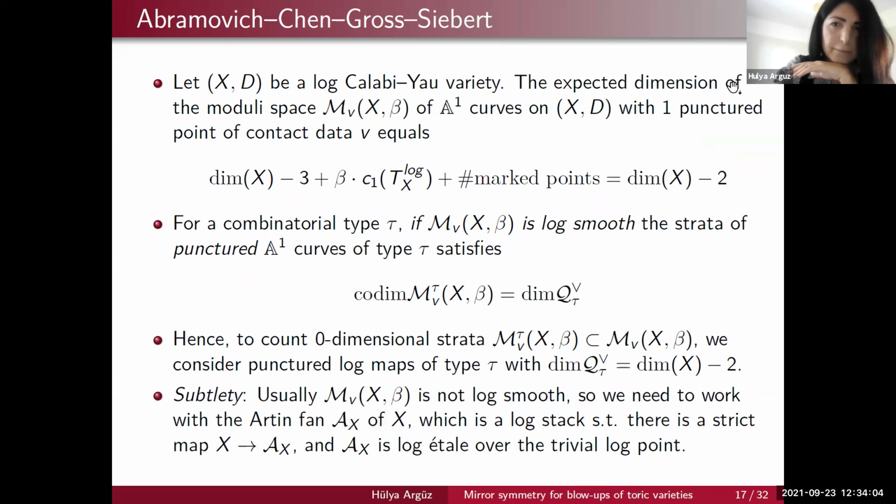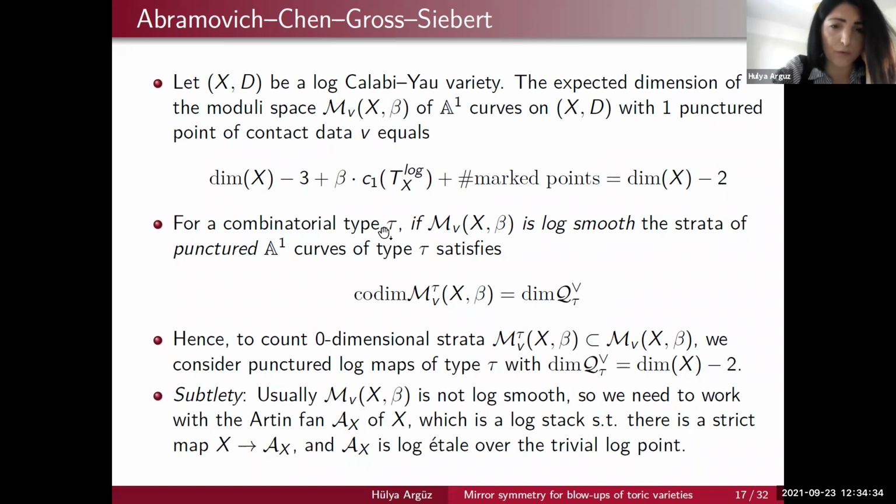And then if you look at the moduli space of Abramovich, Chen, Gross, Siebert, the moduli space of A1 curves with one punctured point, which could have positive or negative contact data, then this moduli space has dimension given by this, which equals dimension x minus 2. But then it follows from the construction of the basic monoid.